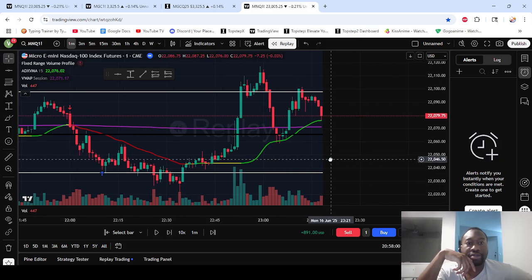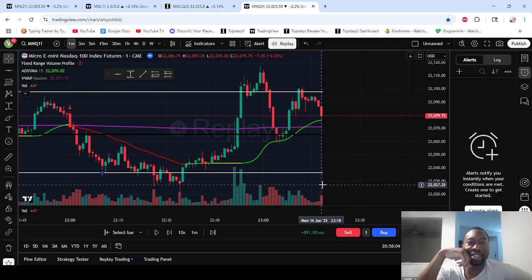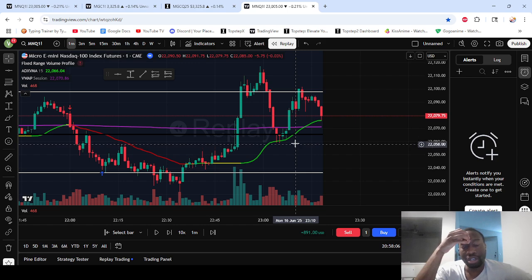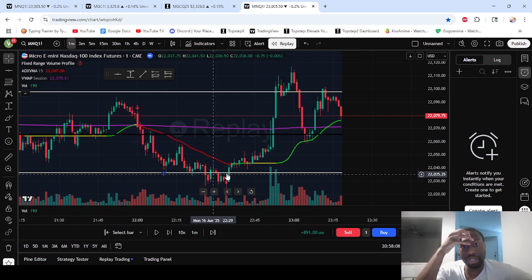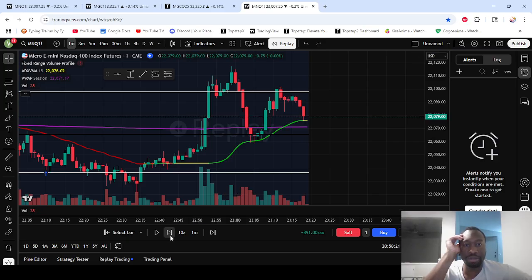We are getting a high volume rejection here, lower high. That volume's not necessarily the best. So I don't know if this is something that would work out, but we are rejecting value area highs. In terms of risk to reward, it is something you can take, but I would like to see more confirmation in the pullback before I take it.